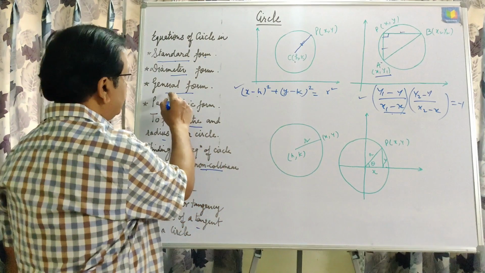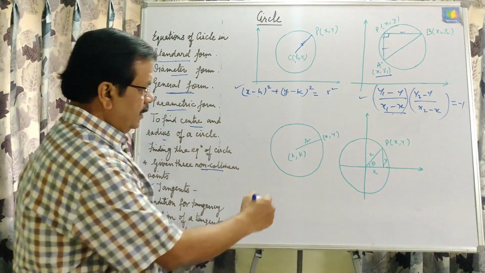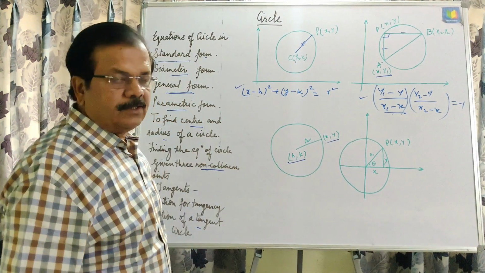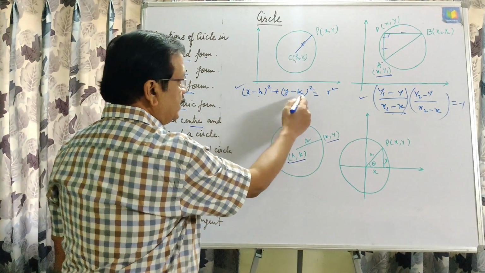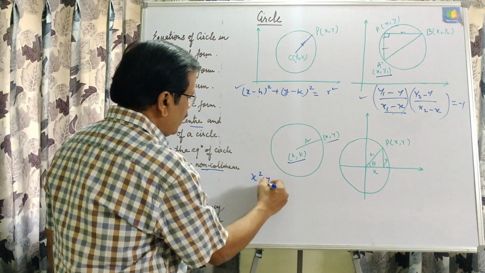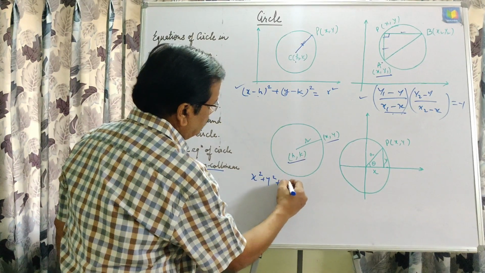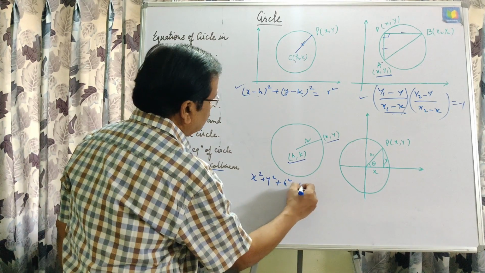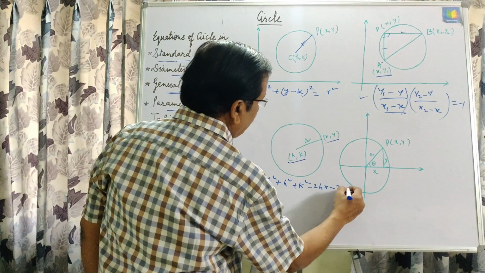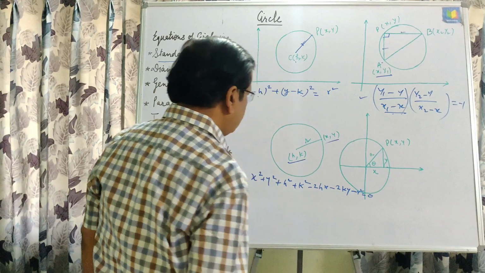Now third form, that is the general form of the equation of circle. Again, this is the center of the circle and this is the point on it, then we can write this way, and then opening this bracket, this is x square plus y square plus h square plus k square minus 2hx minus 2ky minus r square is equal to 0.